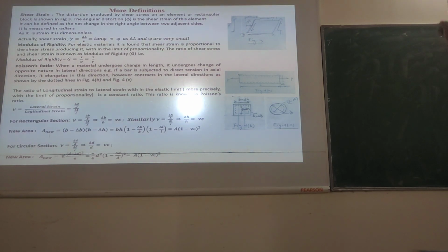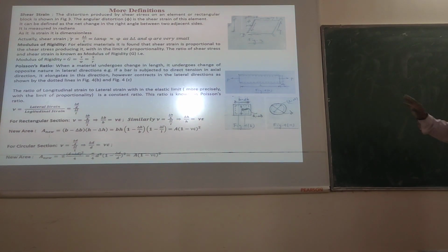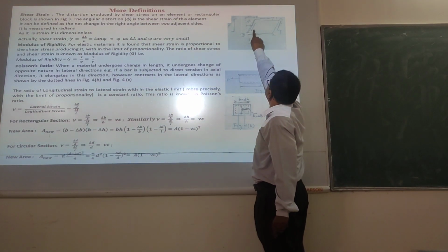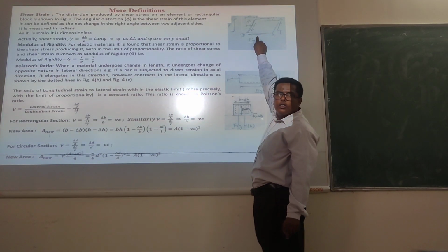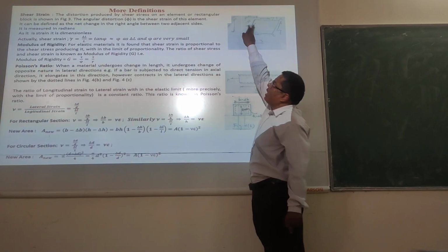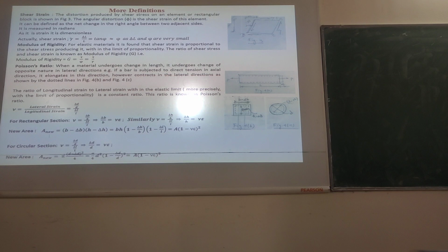Okay? So if I take the same body ABCD, a small part of a big body, if I cut it from that and take a small portion ABCD, then how do you understand shear strain? You see, there are equal and opposing forces acting. So tau is acting in this direction and tau dash in this direction. So equal and opposing forces, opposite shear stresses. And you can see the body is deforming in this direction, and from its original position it is making an angle phi.